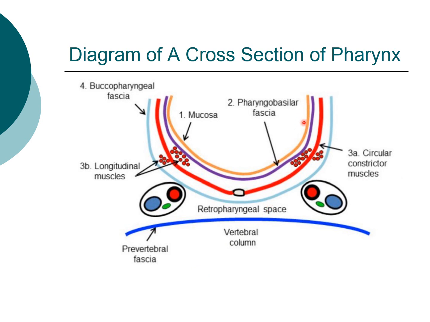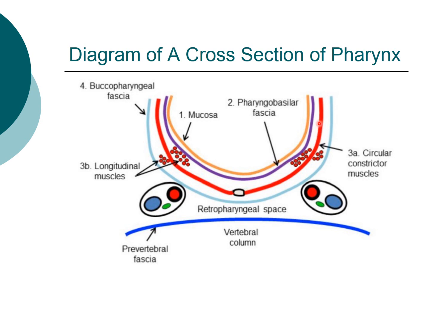The innermost layer, the brownish layer here, is the mucous membrane, number 1. Just outside the mucous membrane, there is another layer which is blue in color here. This is called the pharyngeo-basilar fascia. It extends to the base of the skull.